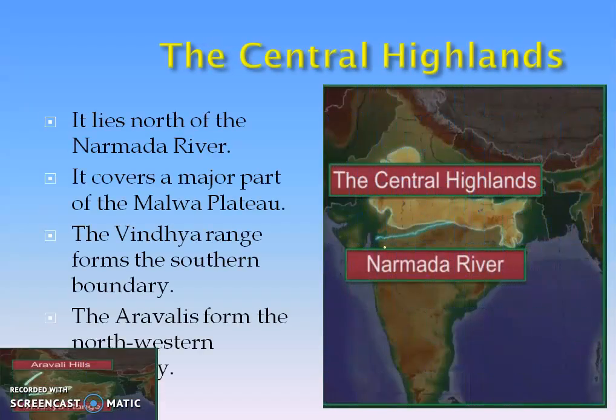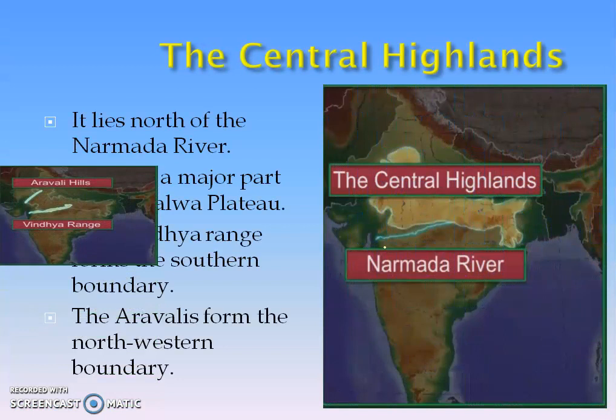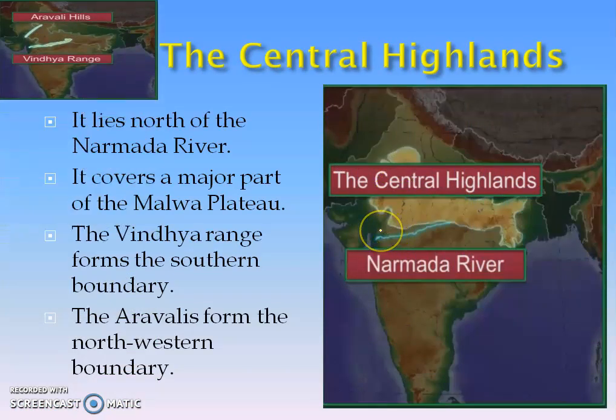Now, what are the Central Highlands? The Central Highlands refer to the portion of the plateau that lies to the north of the Narmada River. It covers a major part of the Malwa Plateau.